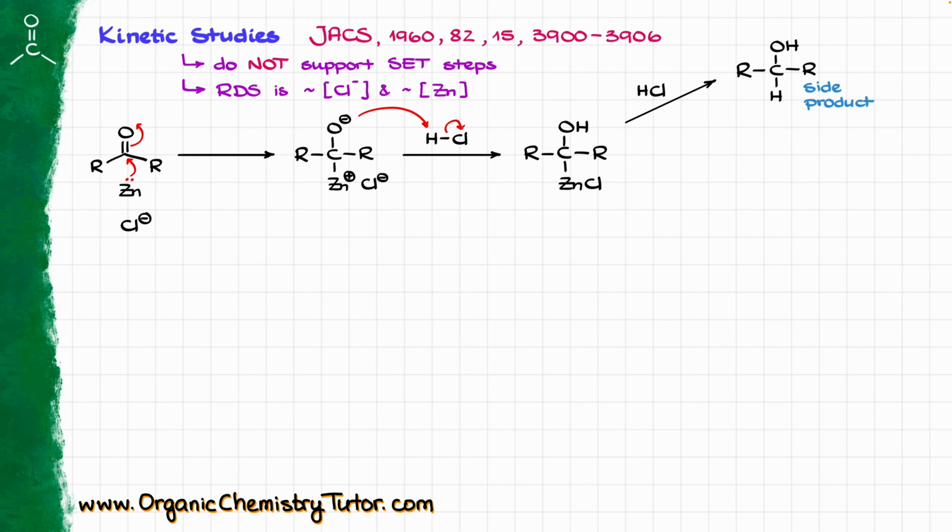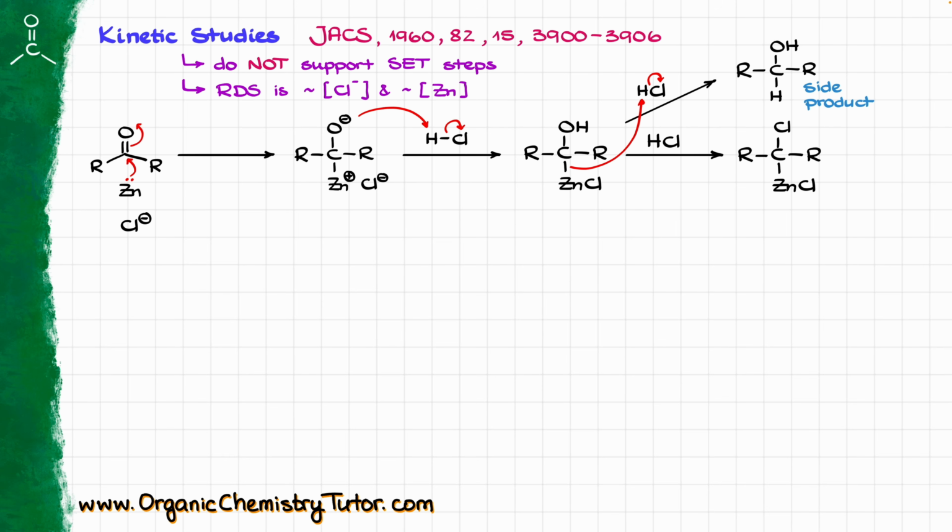Organozinc, like pretty much any other organometallic compound, is somewhat basic, so we can expect this to grab a proton from our HCl like so, and that would give us our alcohol as a side product. It's usually not the major product, and depending on how the reaction is done, sometimes it's present in negligible quantities.